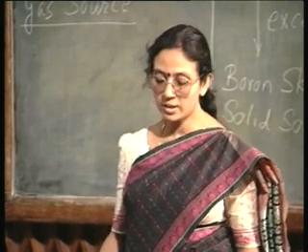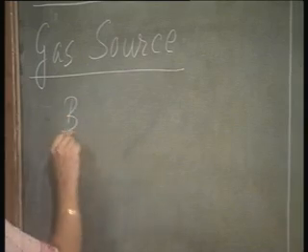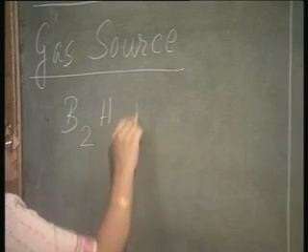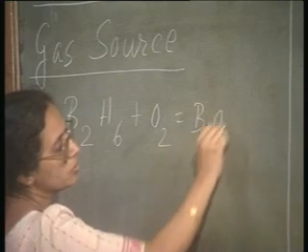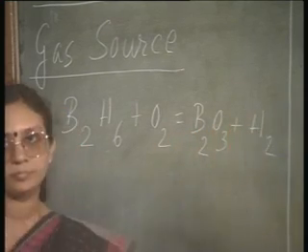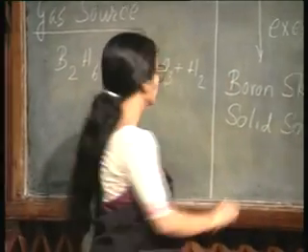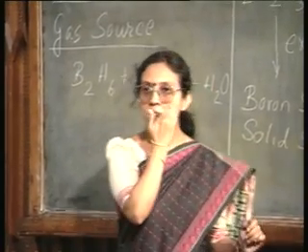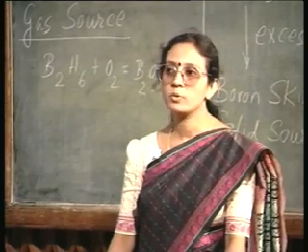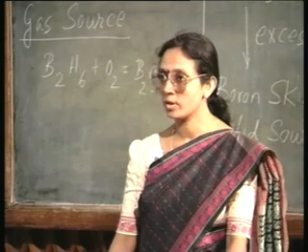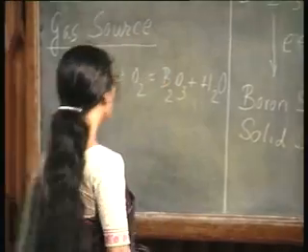So, even though it is theoretically possible to use B2H6 and make it react with oxygen again to give me B2O3 and, but one must be very careful about using this diborane because it is a highly poisonous gas and also an explosive gas. The other possibility is of course to use boron trichloride.